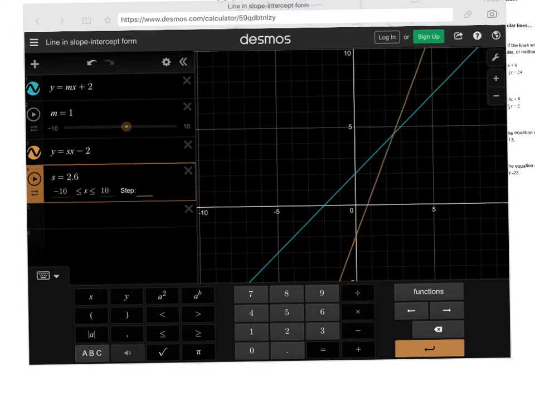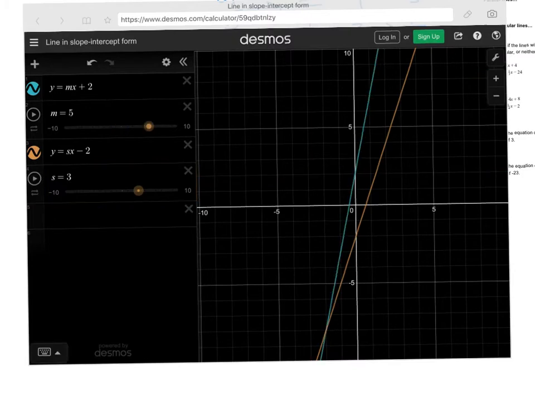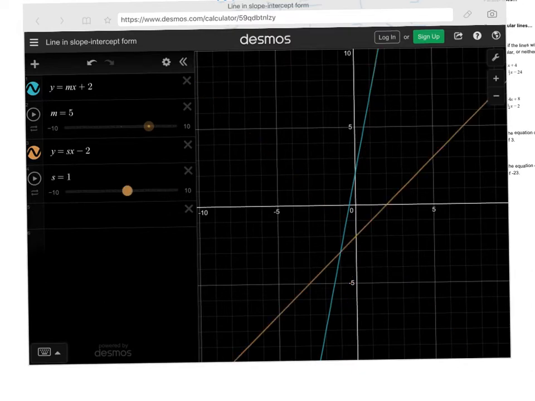Okay, and then you said 5 and 8, right? All right. If I set this to 5, set this one to 8, that doesn't really look parallel. 1 and 5, okay. I'm going to change this one to 1. Okay, they still cross. Yeah, we're trying to make them parallel. 5 and negative 5? Okay.